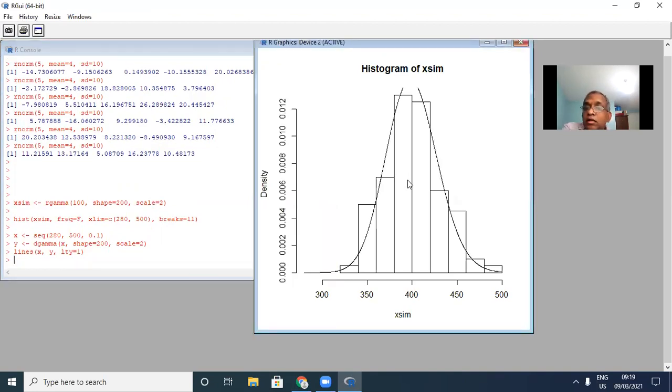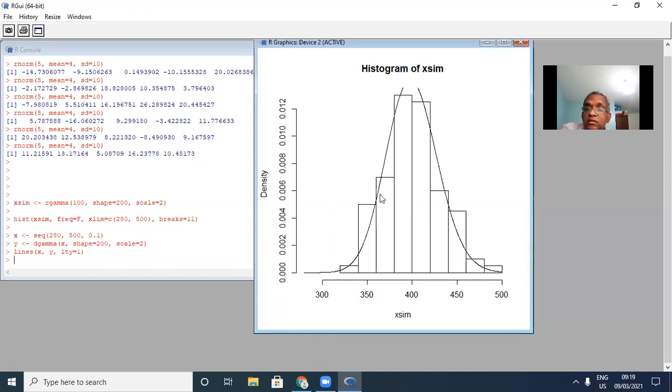And this is what you will get. As you can see, the density of the gamma distribution that I have plotted in black matches up with the histogram pretty well, as you would expect, because the histogram is that of the simulated data from a gamma distribution.